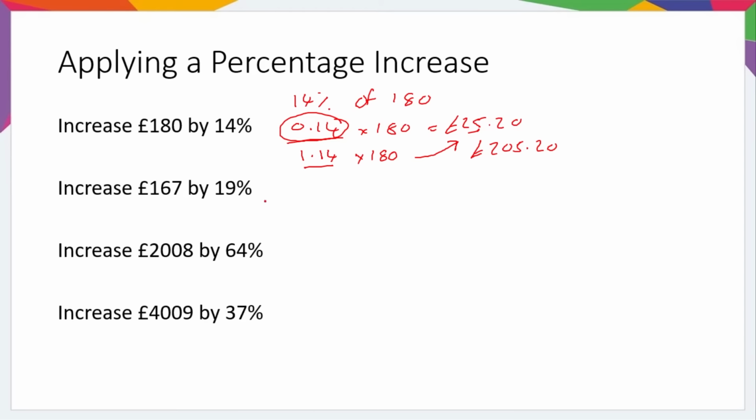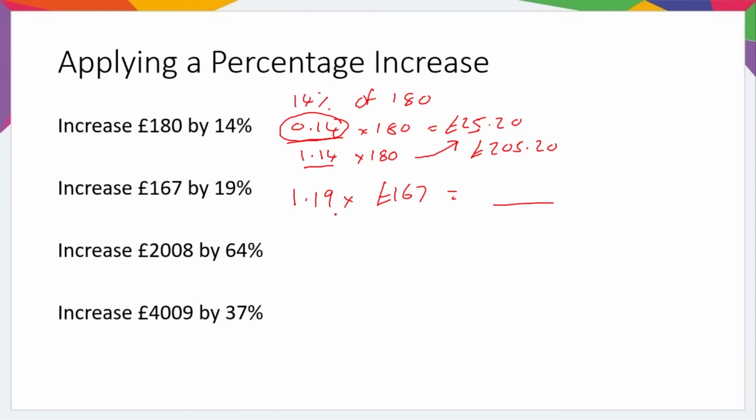For the next one, 19%, our multiplier is 0.19, but this is an increase, so we're going to do 1.19 multiplied by £167, and whatever that answer comes to, I'm not going to actually bother working it out. Anyone can type buttons on a calculator.